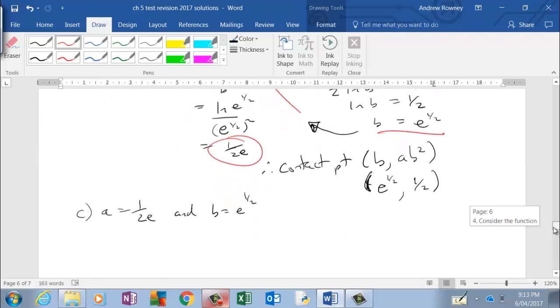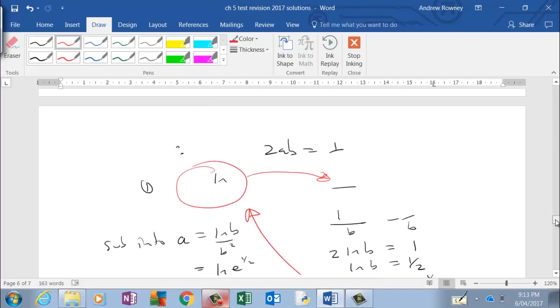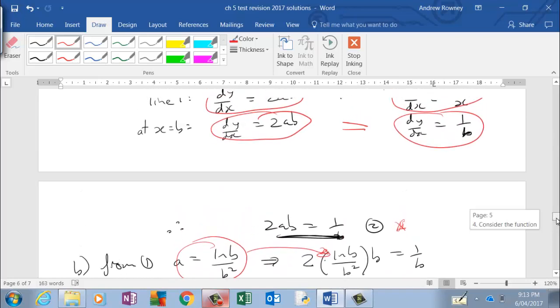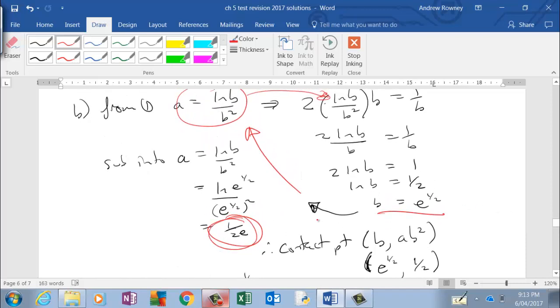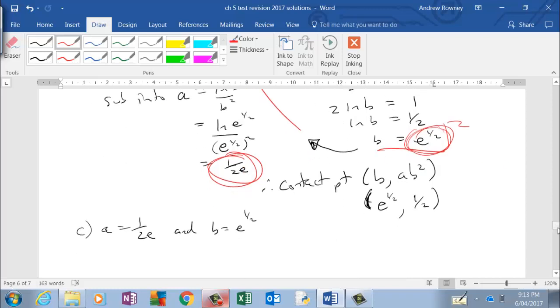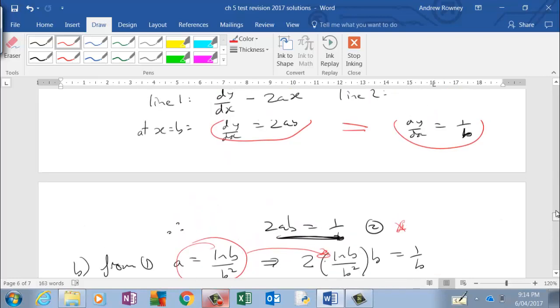So we can put in our b value, which is e to the half, and also we've got ab squared. Well, you could just multiply the a by the b squared. B squared is going to be e to the 1, so if you square that, that'll be e to the 1. And e to the 1 times 1 on 2e is a half. Okay, so we've now found a and b, the contact point.